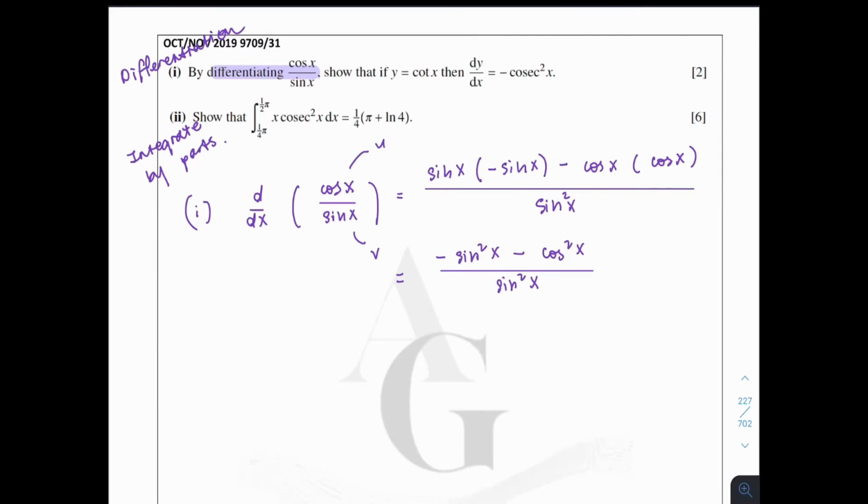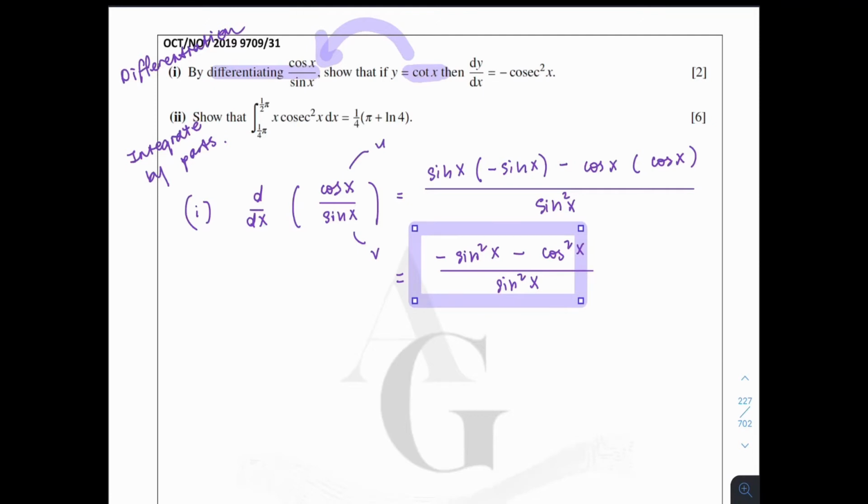For the second part of part 1, you are asked to show that if y equals cotangent x, then dy/dx is given by this. Notice that cotangent x is actually the same as cos x over sin x. Which means if you differentiate cotangent x, you will get back the same answer over here.